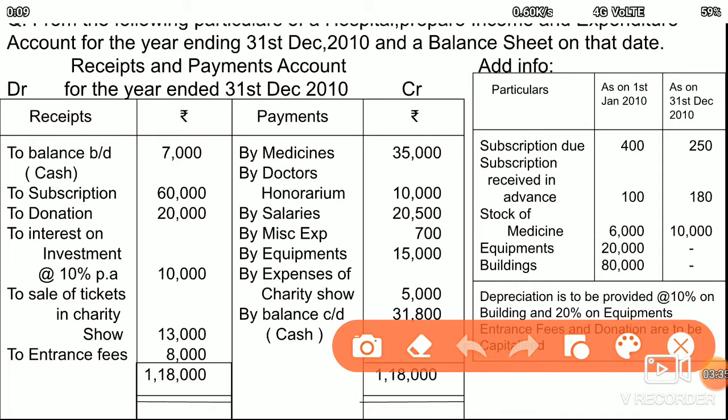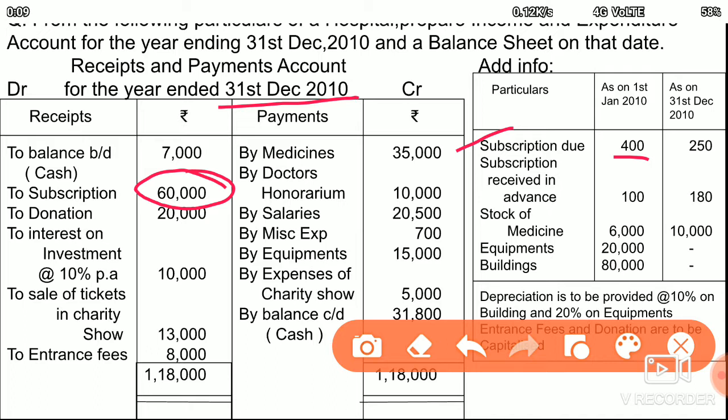If you look at subscription, we can understand from here that 60,000 rupees was received as cash for subscription in the year ending 31st December 2010. They have provided us in the additional information that 400 rupees was outstanding at the beginning.